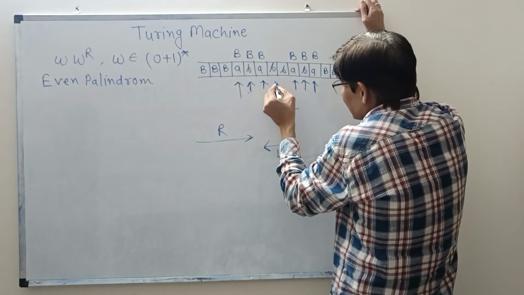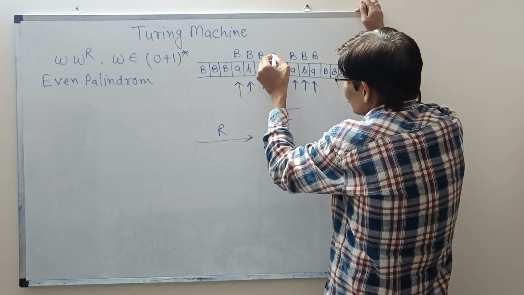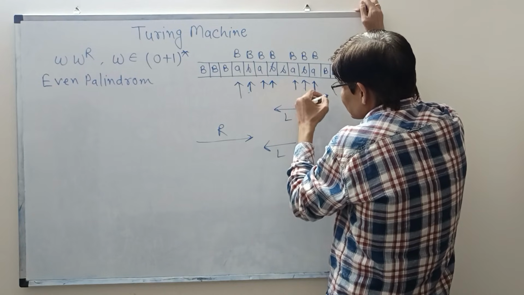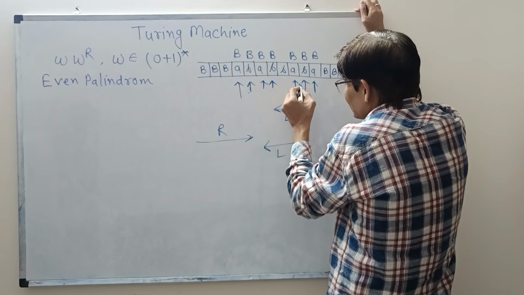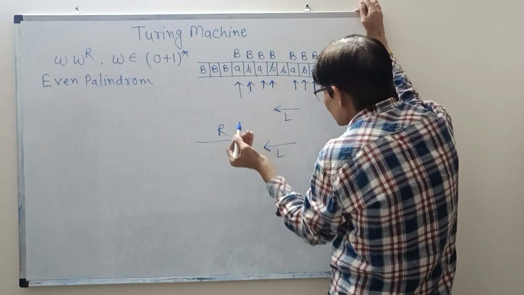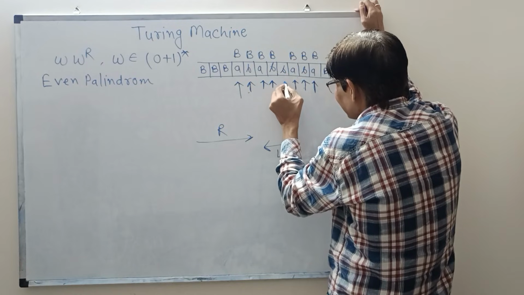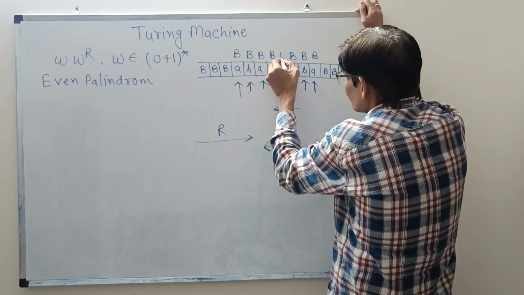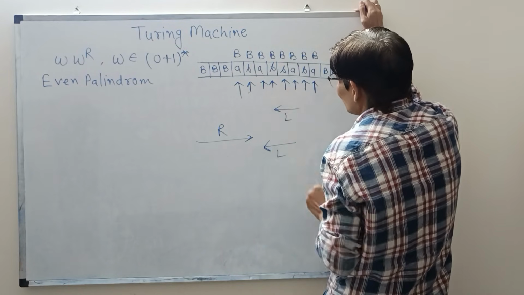So now again you will convert this symbol into blank and you will start moving towards the right, until you get a blank. So when you get a blank here, you start moving towards the left, and in the reverse journey you again convert the first symbol into blank.